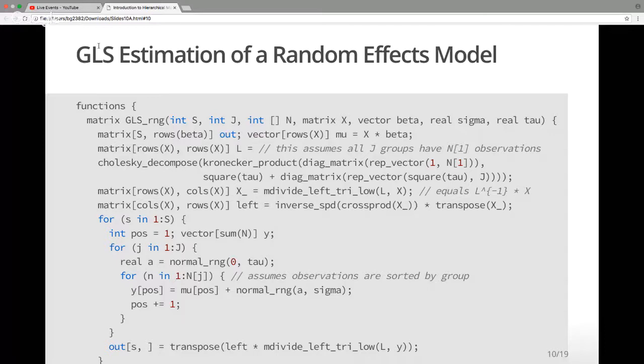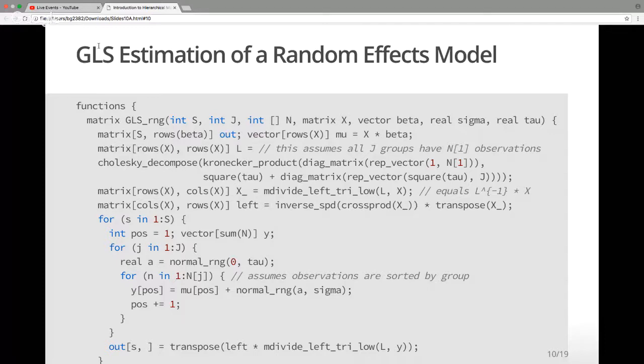And so if you then multiply your matrix X by the Cholesky factor of that error covariance matrix, so this m divide left try low is the same as L inverse times X, where L is the Cholesky factor of that covariance matrix, then you get a new X that you can then do, new X transpose, new X inverse multiplied by new X transpose to get the left-hand side of the thing on the left.